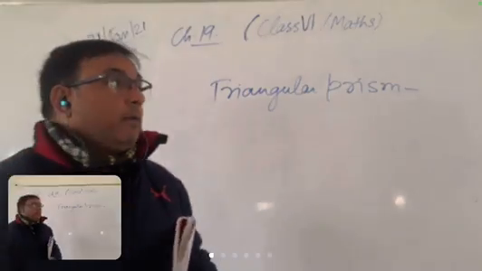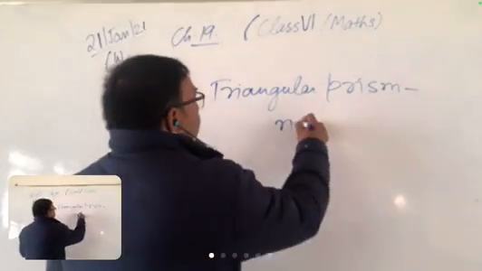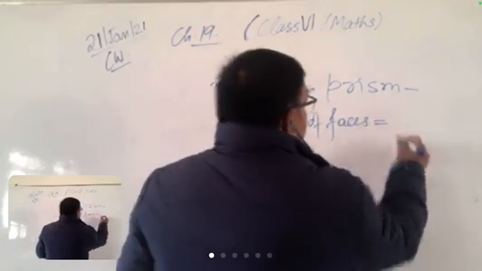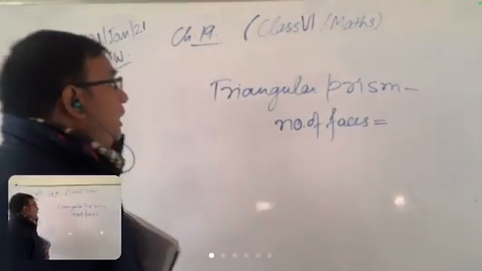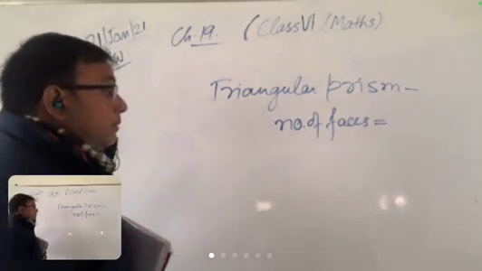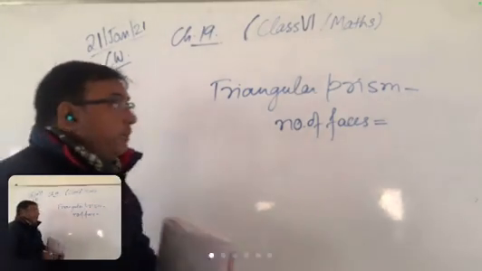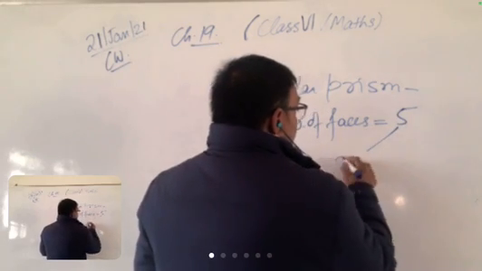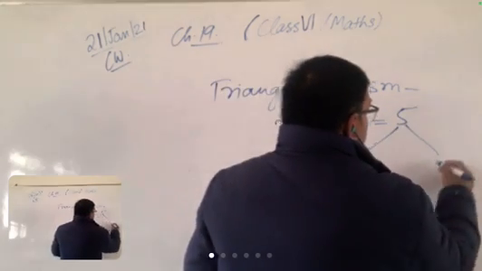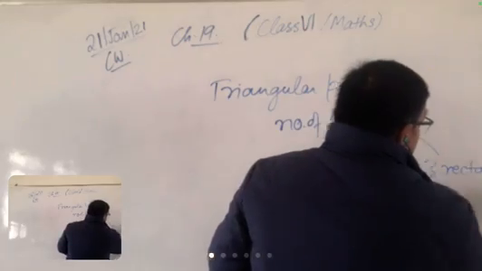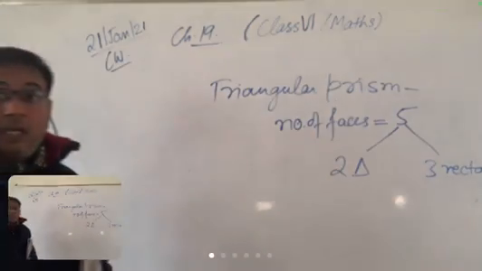Chirag, can you tell me number of faces? Two faces in triangular prism. Yes, it is five faces. Two triangles and three rectangles.